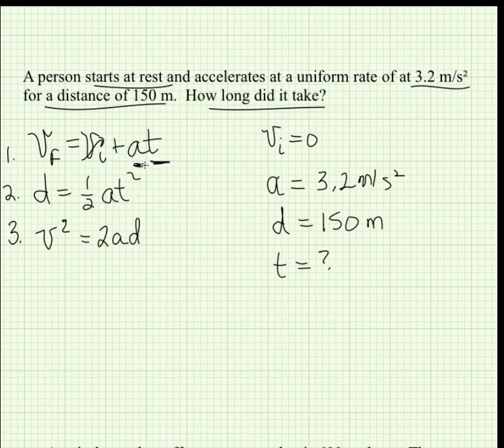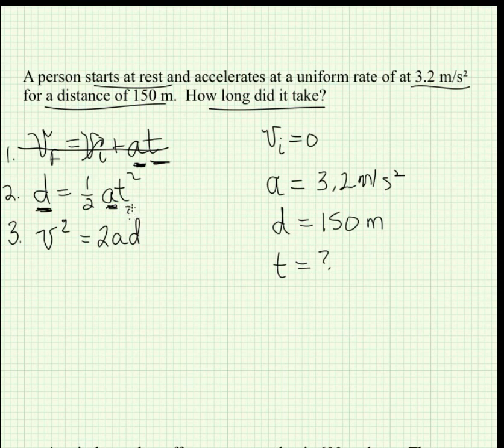I've got the acceleration. My initial velocity is 0, but I don't know the final velocity. This equation won't work. As soon as you have two things that you don't know, two unknowns, that equation's not going to work. So let's go down to this next one. We've got the distance. That distance is 150. 1/2 is just a number, 0.5, so that's never going to change. I know the acceleration, but I'm looking for time.